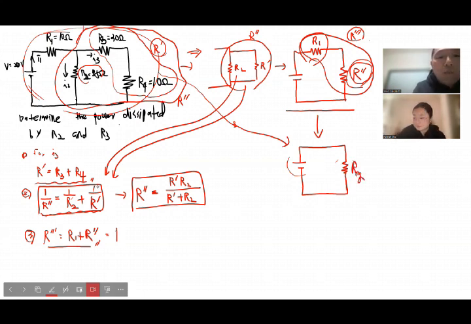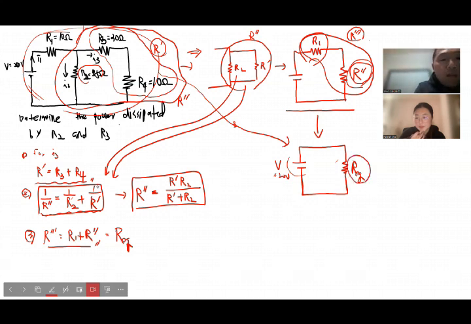So R triple prime is the same as REQ. If you plug the numbers of these four resistors into this simplified version of the circuit, V is 20 volts, and we just have to find the value of REQ.